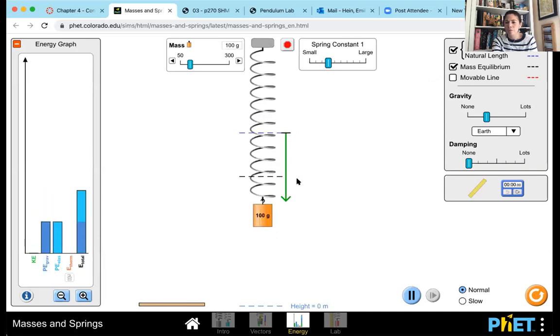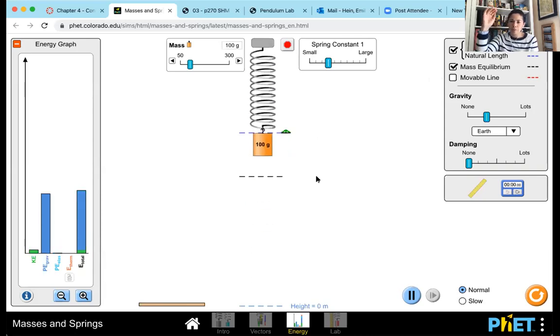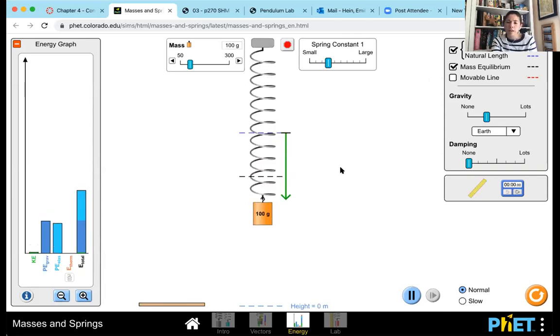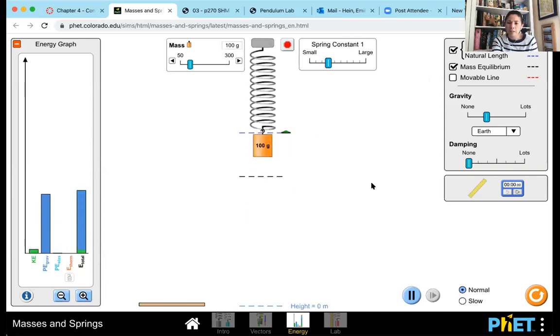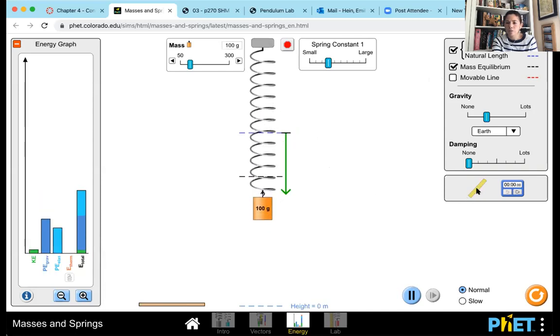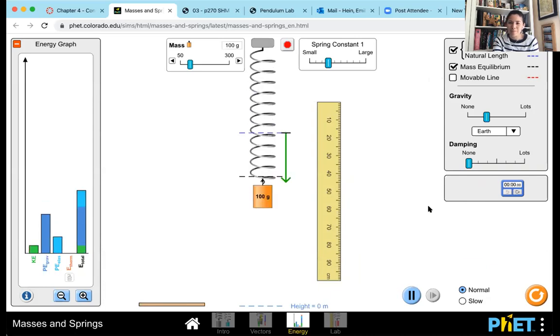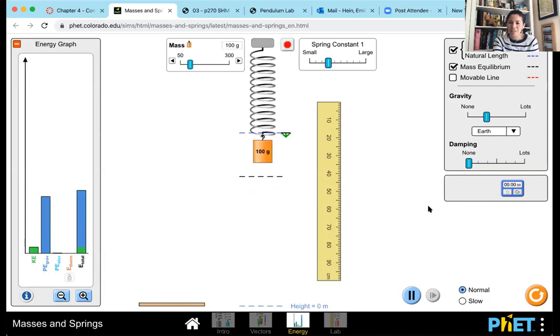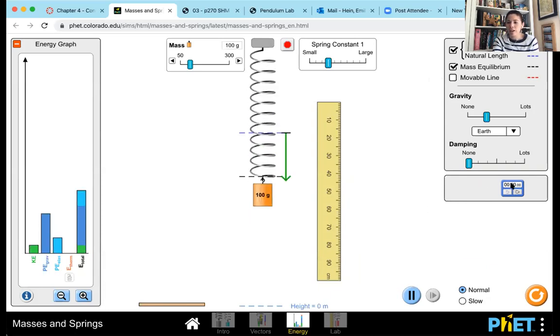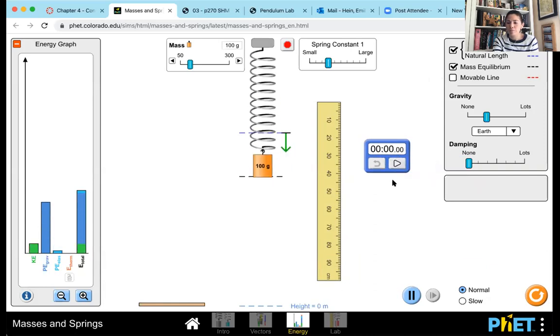This was the position of the mass if it was not oscillating. If you really want, you could also make measurements to check the calculations. And you also have a timer, which is more for counting oscillations, and we'll get to oscillations in a future chapter.